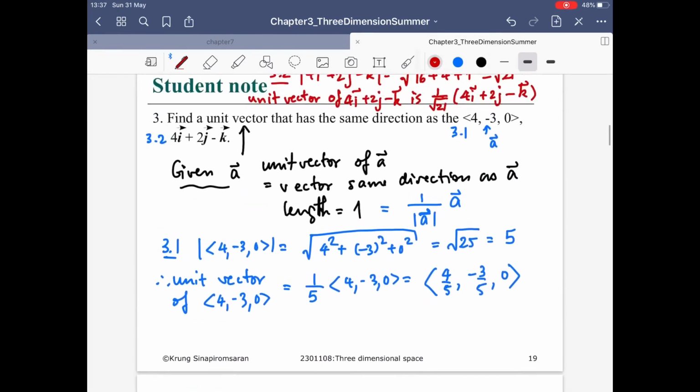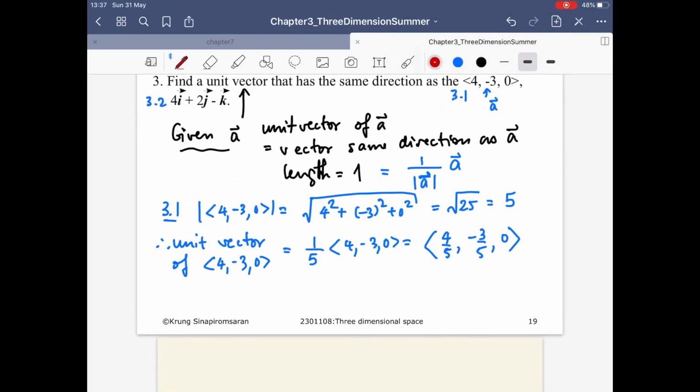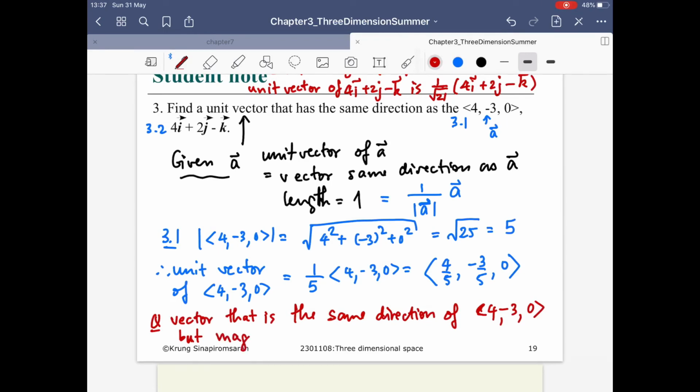What if you need the vector that has the same direction as (4, negative 3, 0), but has a magnitude of, let's say not 5, a magnitude of 7?